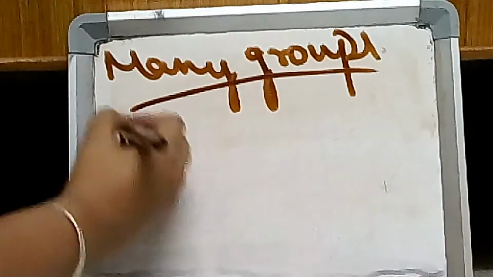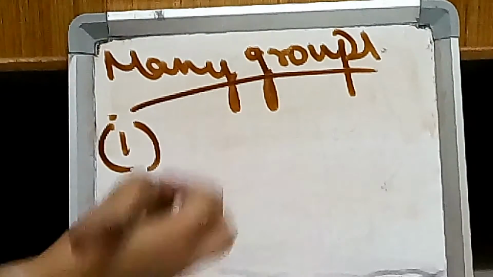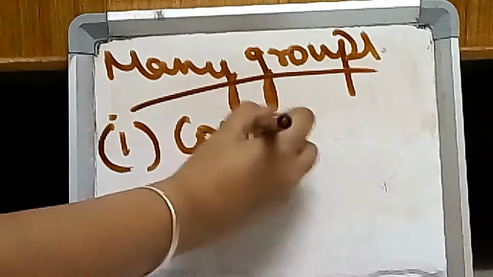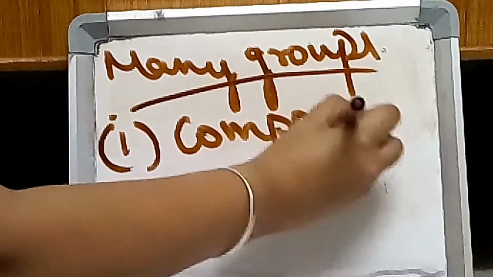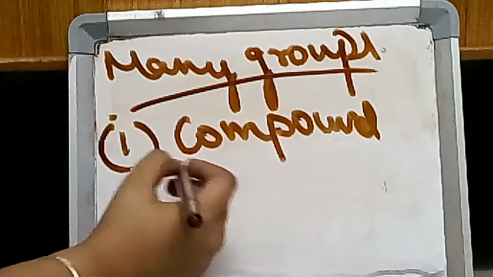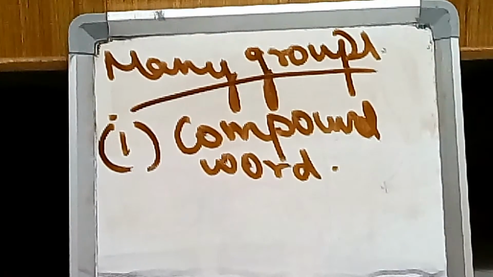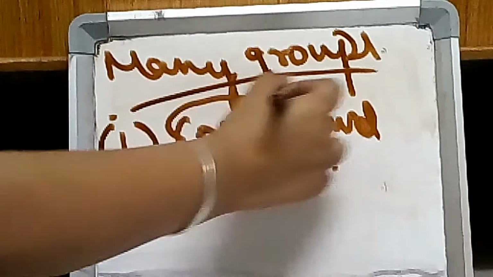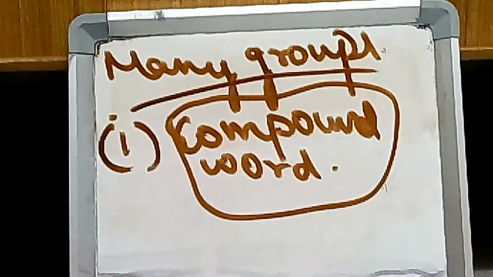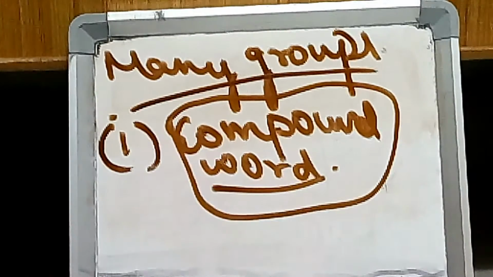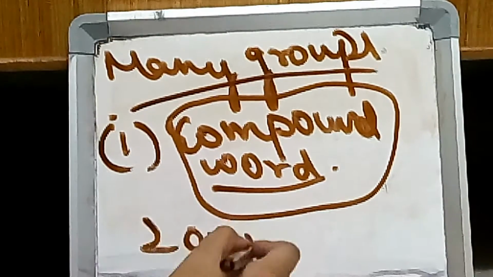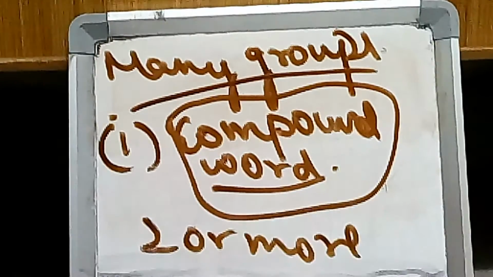So first let's see the first one, which is compound words. Compound words means the words which are formed by joining two or more words together.